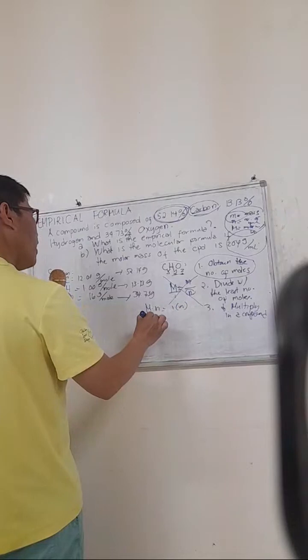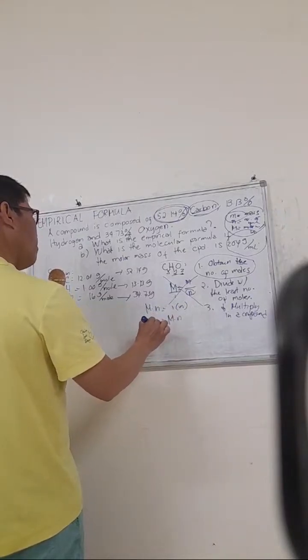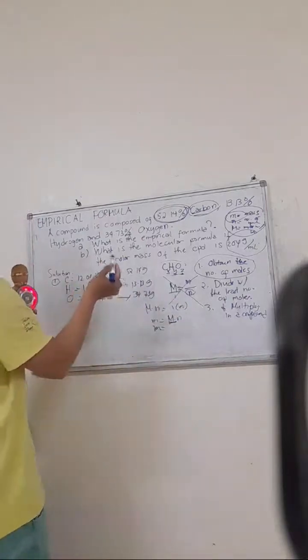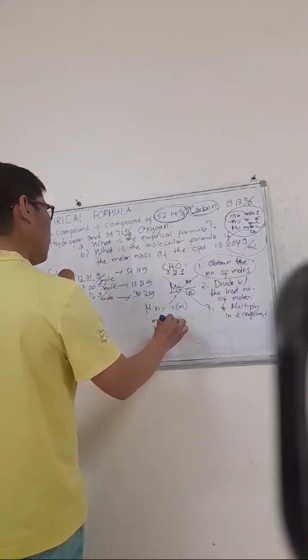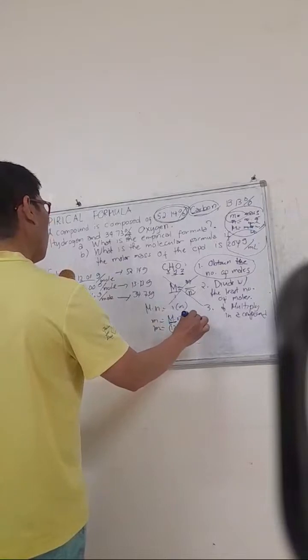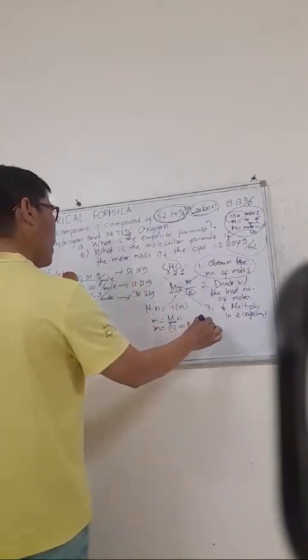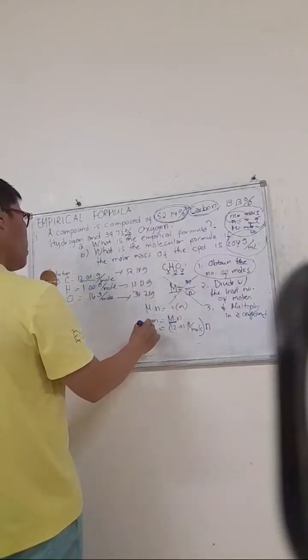Meaning to say, m is equal to capital M times small letter n. Capital M is the molecular weight, which is equal to 12.01 grams per mole, times the number of moles, which you don't know, right? So n. You know the mass, so put 52.14 grams here.